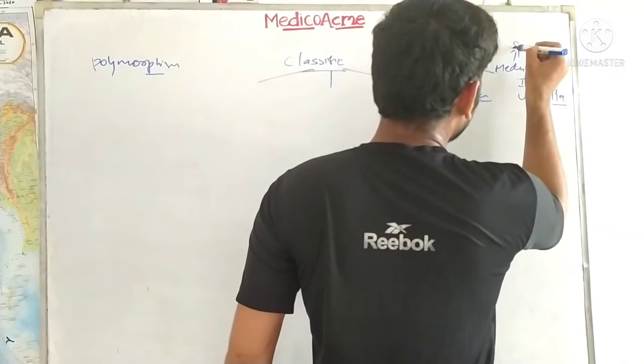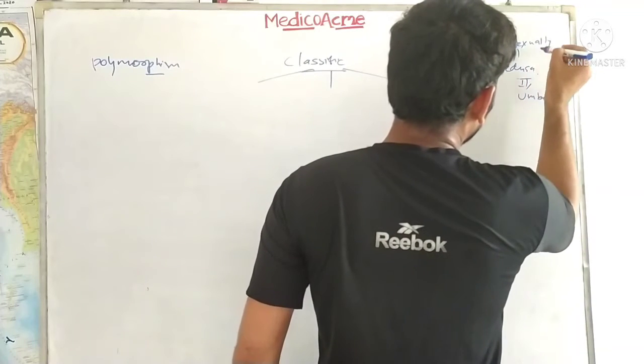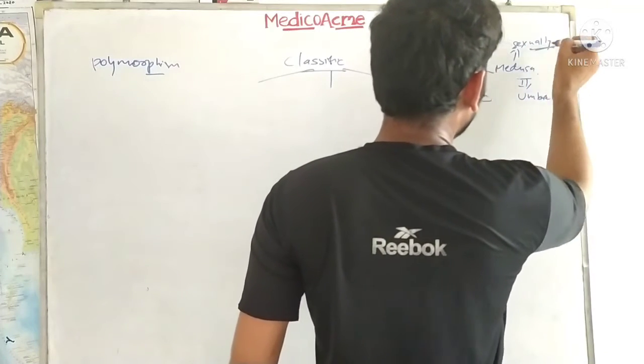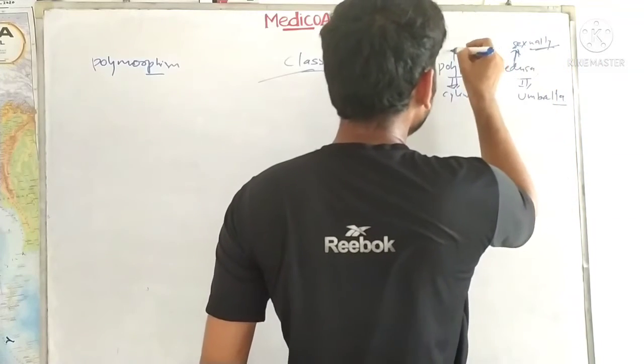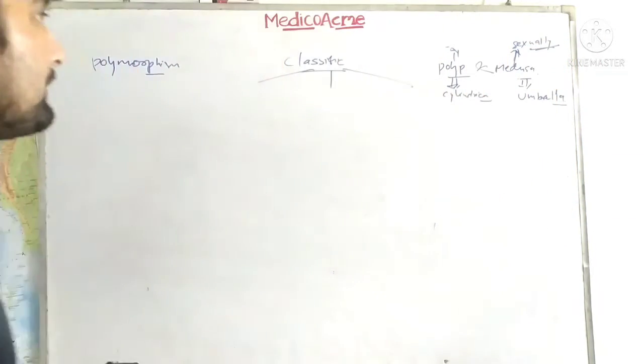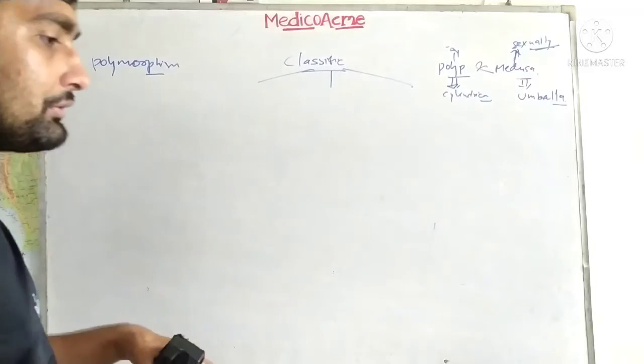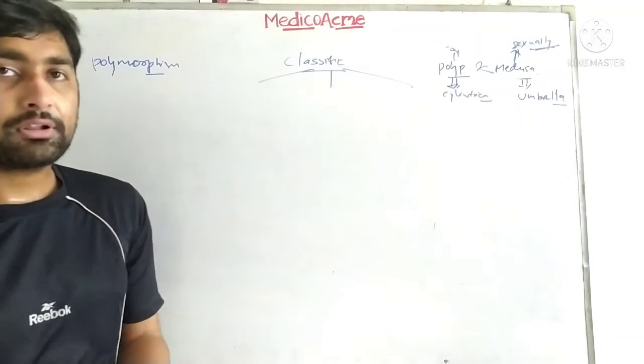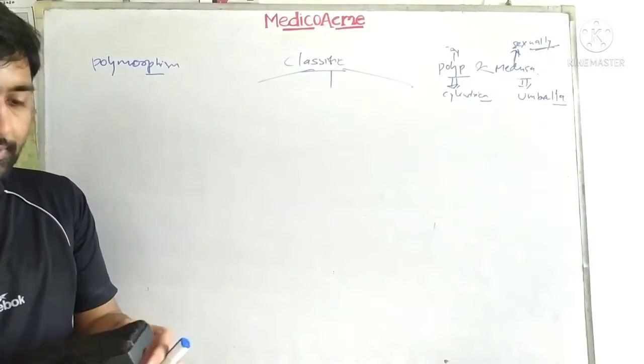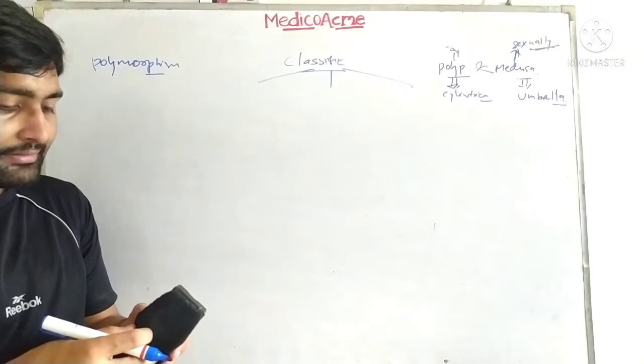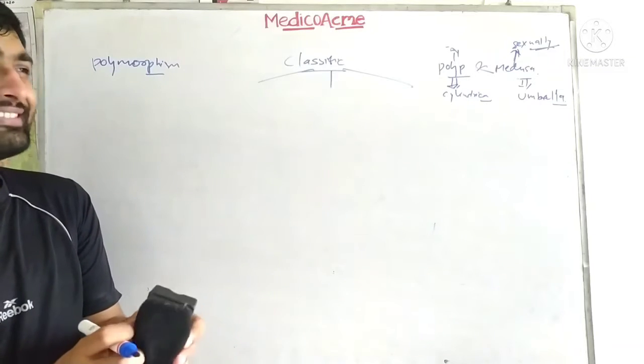Medusa is sexually advantageous, and polyp is asexually advantageous. So it becomes very important when we study metagenesis, which is very important from the point of view of examination and for learning the Cnidarians. Actually, I am confusing Cnidarians and nidoblasts.